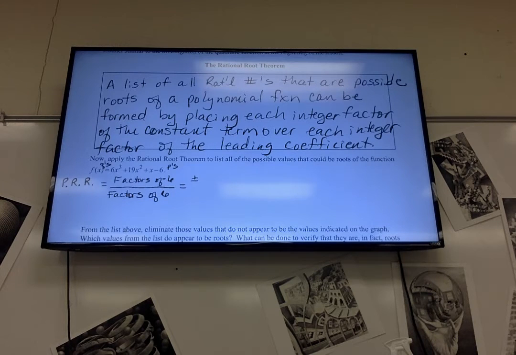So we always start with 1. 1 will go into it. What's the next number? 2. 2 will go into it. And then 3. And then 6. Yeah. And all of those are plus or minus. I just put the plus or minus right in the front. And on bottom, factors of +6, well, they're the same thing. 1, 2, 3, 6.